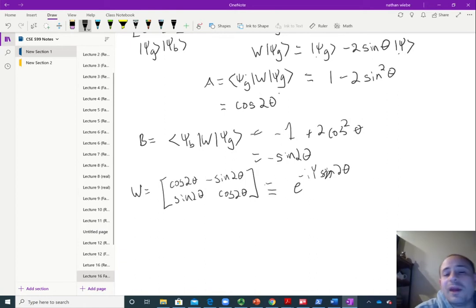Or I should say this matrix in this two-dimensional space is the exact same form as this y rotation. And you can see that, again, just using the identity, this is equal to cosine 2 theta times identity minus i y sine 2 theta. Okay, awesome.